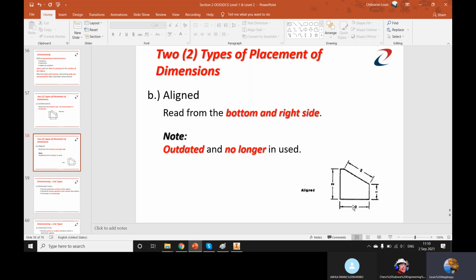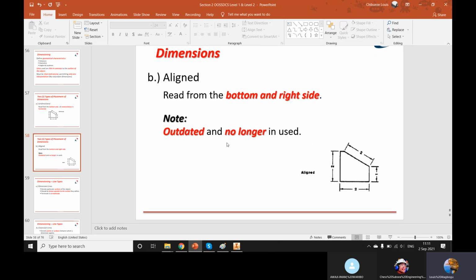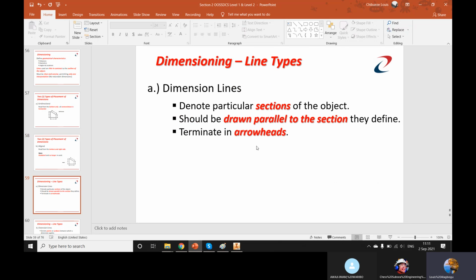Since this one is dimensioning this part, it's facing this way. So this other one, it has tilted this two. Now we try to align the names or the dimensions with the object, but it's mostly not in use.